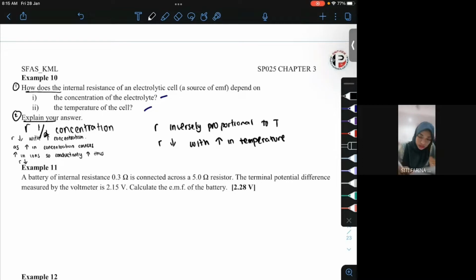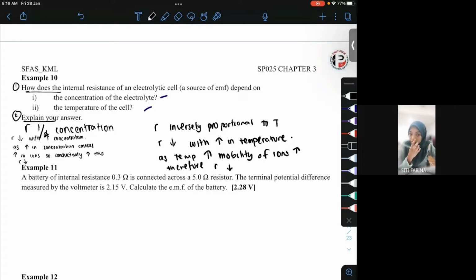With increase in temperature, this is because as temperature increase, apa yang akan jadi adalah mobility of the ion increase. Pergerakan ion kamu akan lebih banyak. Of ion increase, therefore resistance kamu akan decrease.